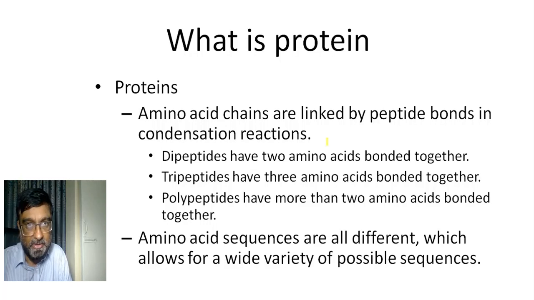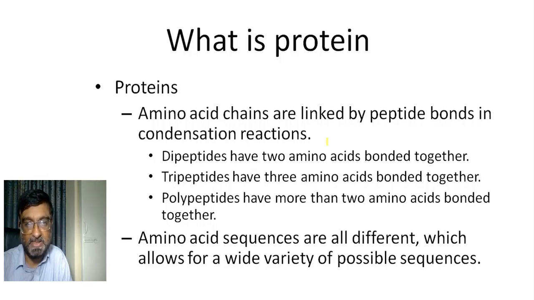Now, talking about proteins, as we have discussed, proteins are made up of amino acids. We have talked about the 20 amino acids, essential and non-essential. These amino acids can join in different fashions. If two amino acids are joined together to make a peptide structure, it is called a dipeptide.